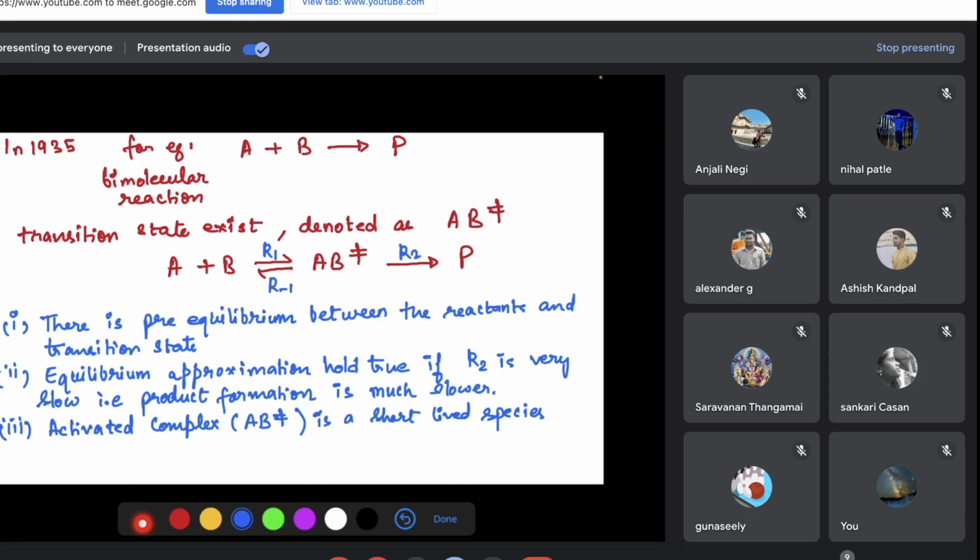And once it vibrates along a particular degree of freedom, that is along the reaction coordinate, this will get converted into the product.